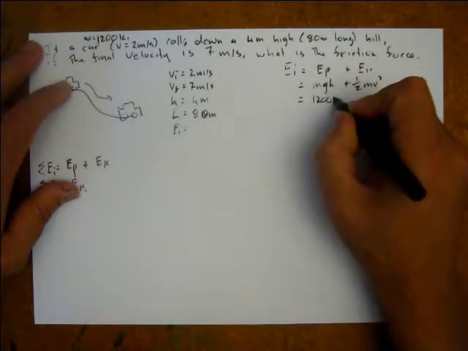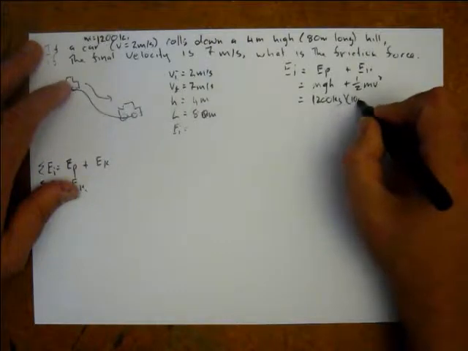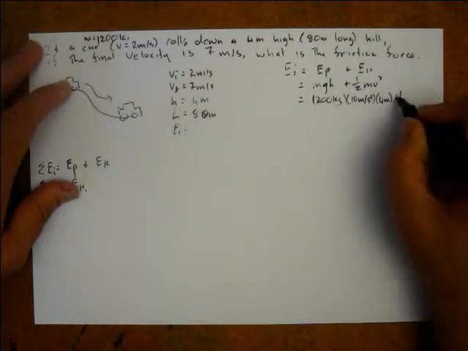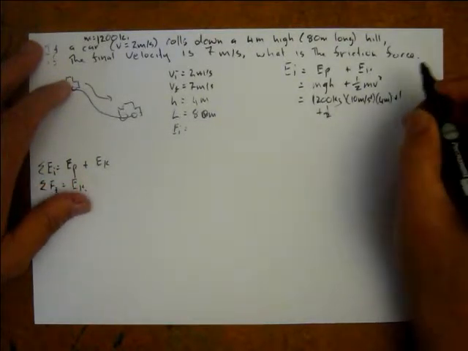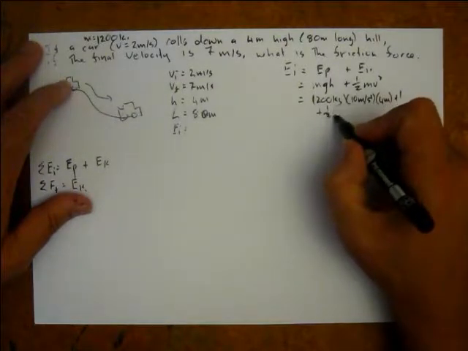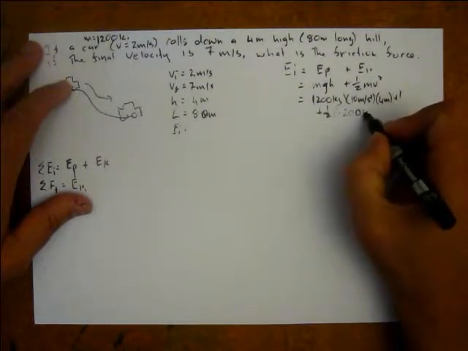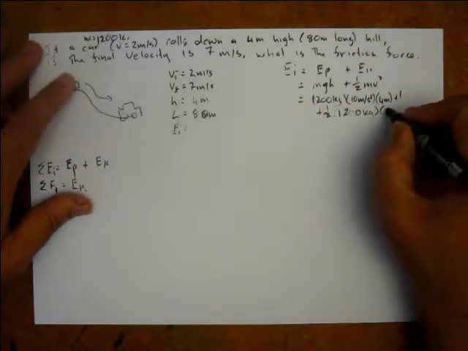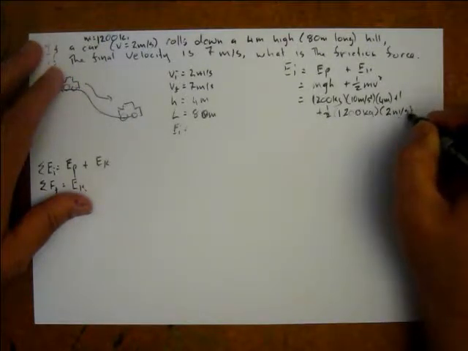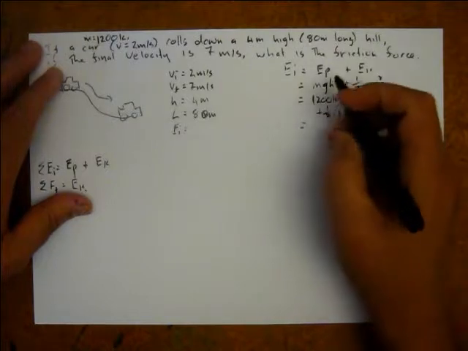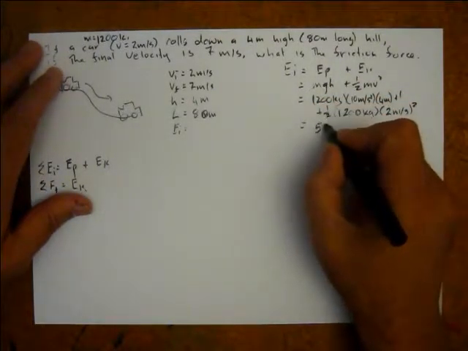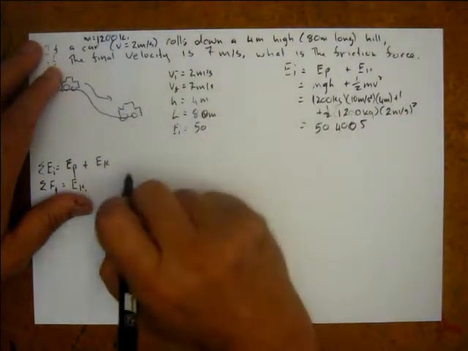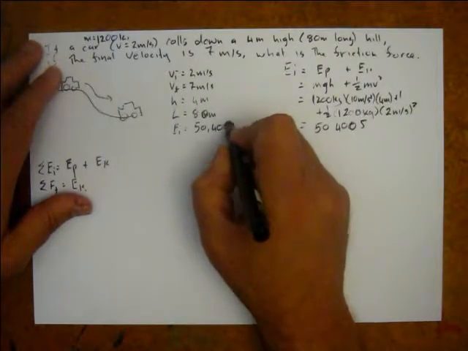So 1200 kg times 10 meters per second squared times 4 meters plus half times 1200 kg times velocity squared, up the top is 2 meters per second squared, and we worked this out in the previous example to be 50,400 joules. So at the top, 50,400 joules.